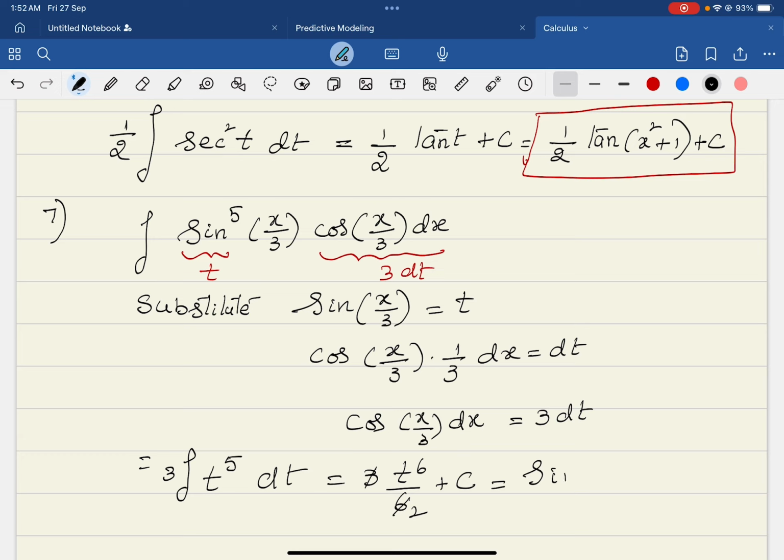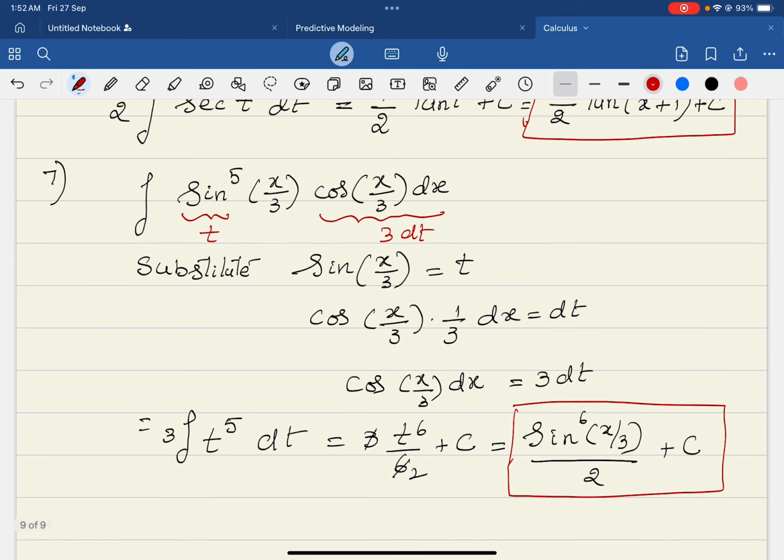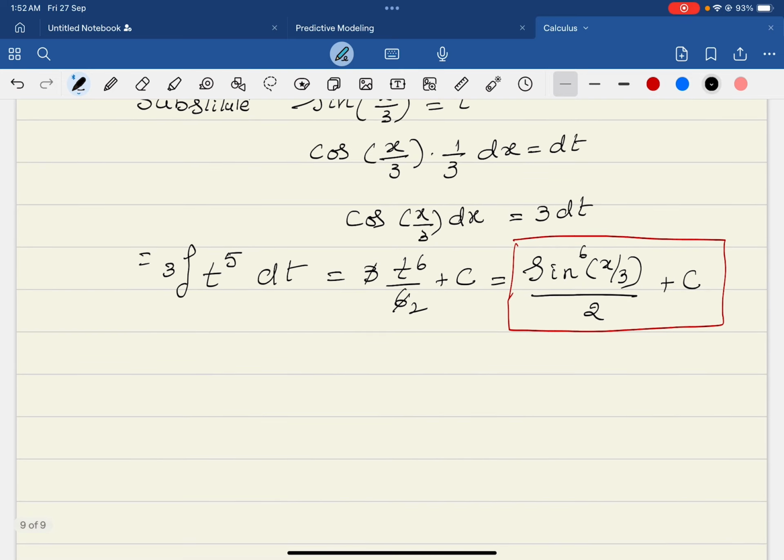It is sine. So it is sine power 6 of x by 3 over 2 plus the constant. So this is the solution. Now let us go to the next problem, the 8th problem.